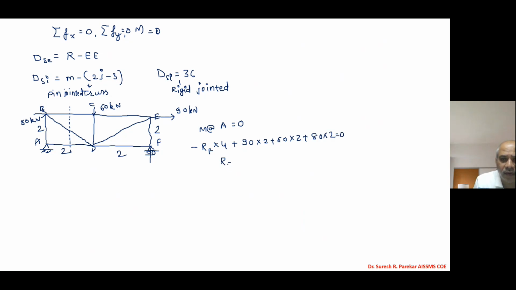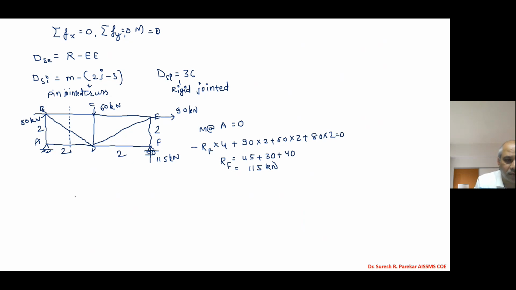From this we get the value of RF. If we divide everything by 2, then 45 plus 30 plus 40, and we get 115. So RF is 115. Now we know all the reactions.